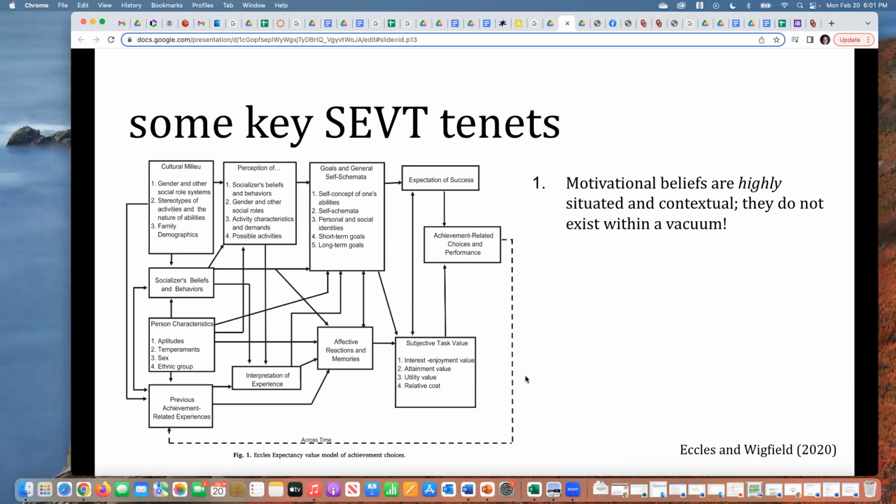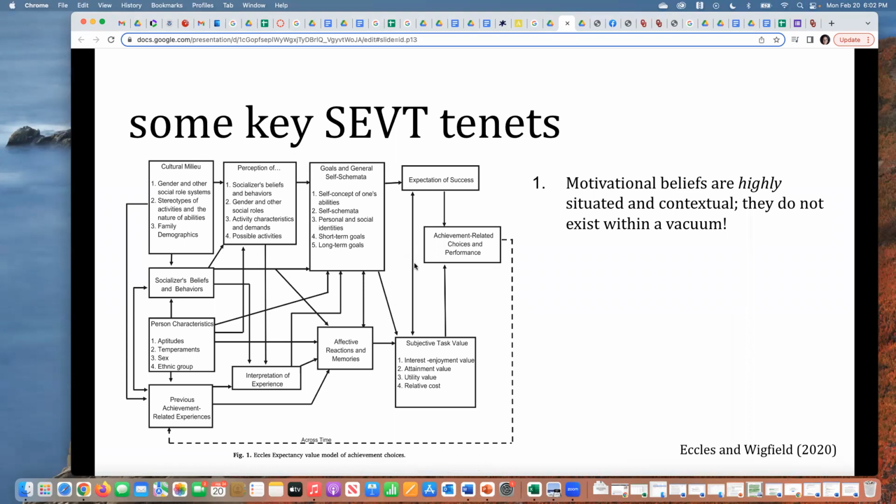First, motivational beliefs are highly situated and contextual. In other words, they don't exist within a vacuum. What I mean is that there is so much at play in the student's environment and in their prior experiences and in their interpretation of those experiences that shape their competence beliefs and their reasons for engagement, and ultimately what they choose to continue pursuing and how well they perform in the future.